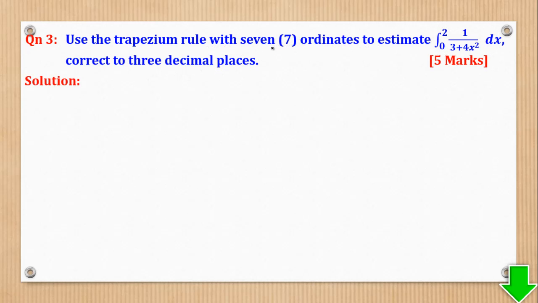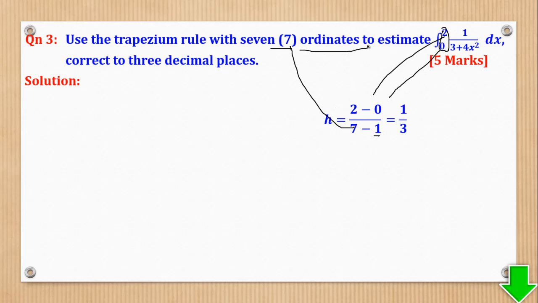So here when they say 7 ordinates, it means that h will be got by getting the difference between the limits, upper limit minus lower limit, divided by 7 ordinates minus 1. We are saying minus 1 because of the word ordinates. If this was the word interval, we would not subtract 1. But each time they use the word ordinates, you must subtract 1. So that gives you 1/3.